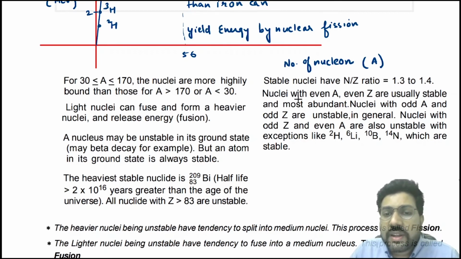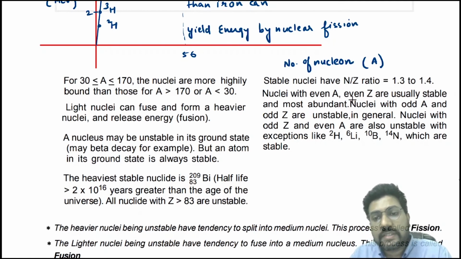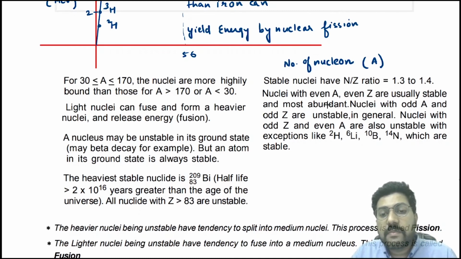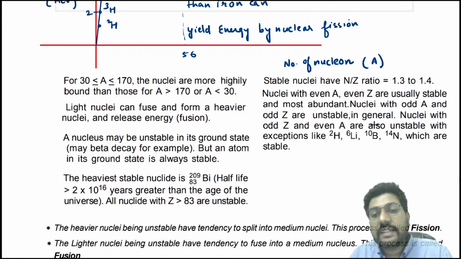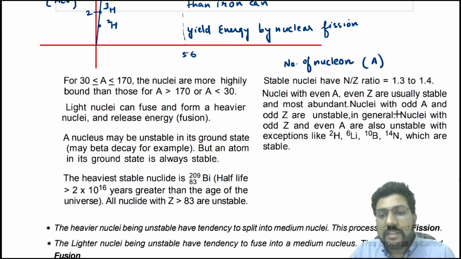Now, nuclei with an even number of nucleons and an even number of protons, that is even A and even Z, are usually stable and most abundant. Nuclei with odd A and odd Z are unstable in general. This is a general rule, but there can be some exceptions. Nuclei with odd Z and even A are also unstable with some exceptions.